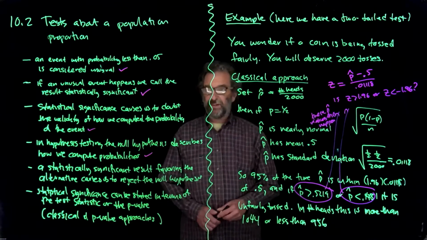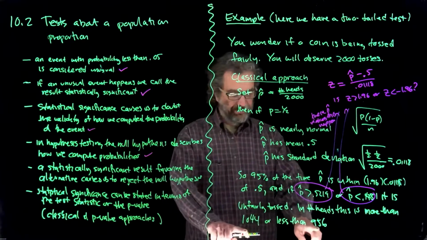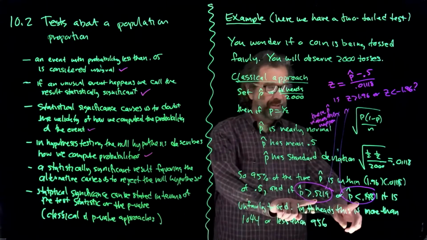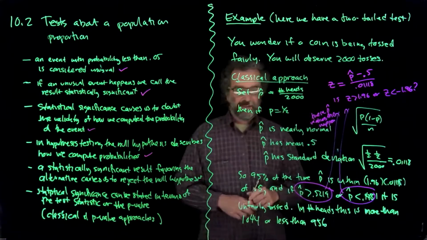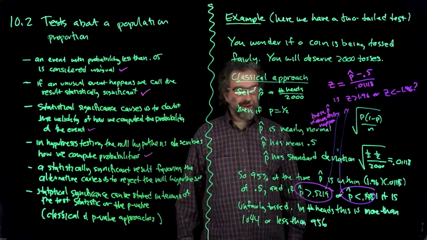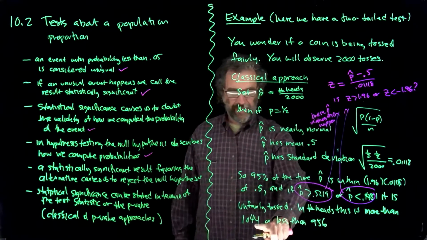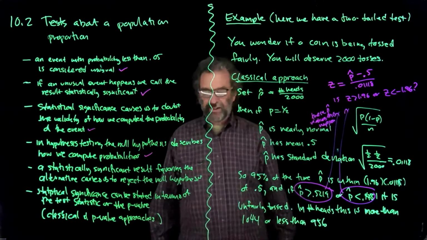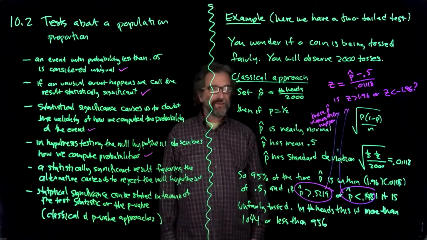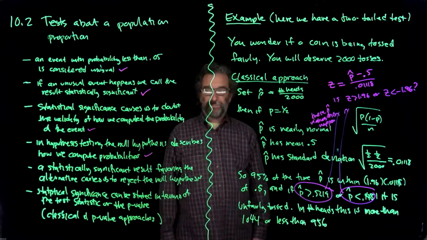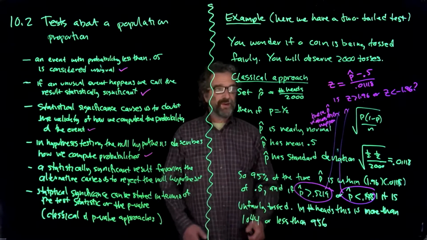So that would be the classical approach: seeing a number of heads outside this range, seeing a p hat outside this range, or seeing a z beyond 1.96 in that range. Any of those statistical values, the test statistic, the actual p hat statistic, or the number of heads statistic, they all amount to the same strategy of finding how big something has to be considered unusual, how small it has to be considered unusual, and looking for stuff in that range so you can reject the null hypothesis.